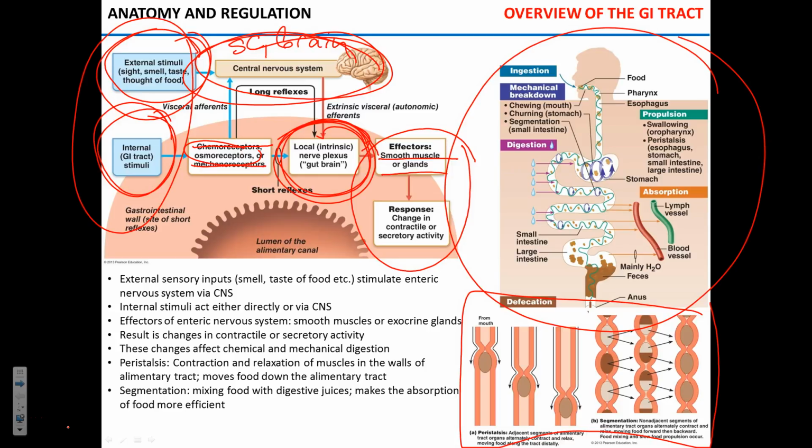Does it contain any enzymes? Yes. So saliva breaks down some chemicals, some nutrients. What kind of digestion is that? Chemical. So you will see that there are two types in every part, chemical and mechanical. Okay? So you chew, you break down some stuff, and you form the bolus.